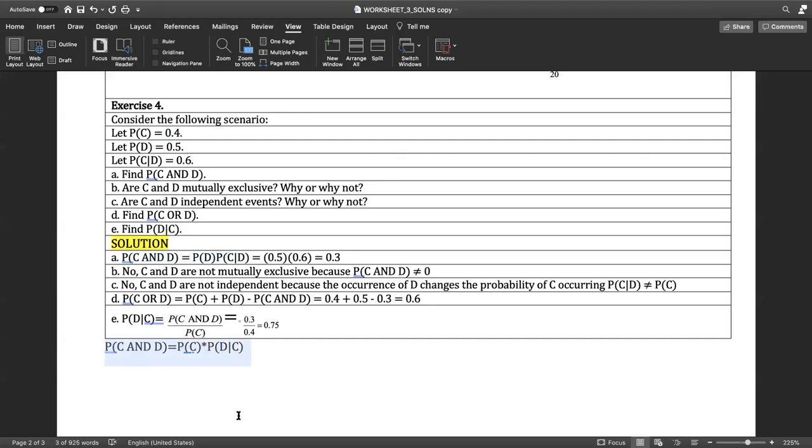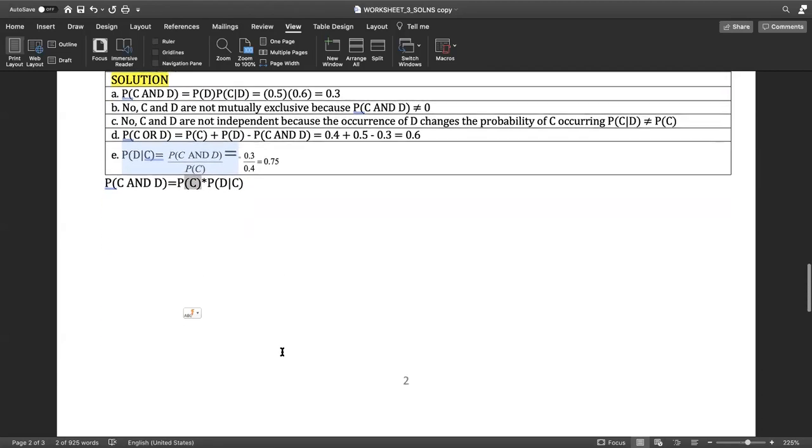They're both equal. In this one, I conditioned on D. In this one, I conditioned on the other one, which was C. But writing it this way allows me to solve for the probability of D given C. Do you all see that? Okay. And now converting this equation to this equation gives me a way to calculate the probability of D given C, and that gives us the 0.75.